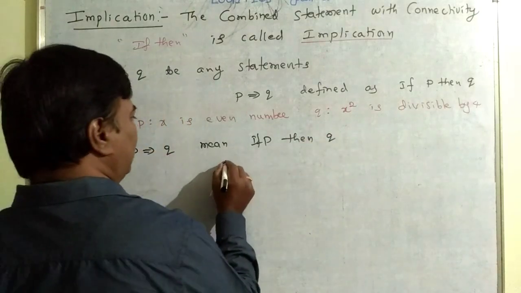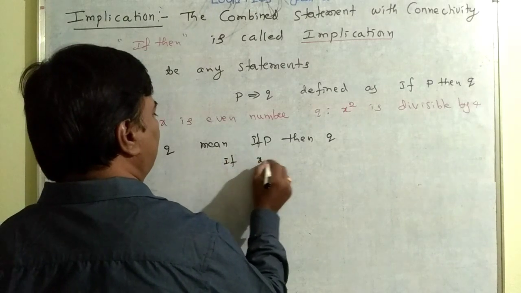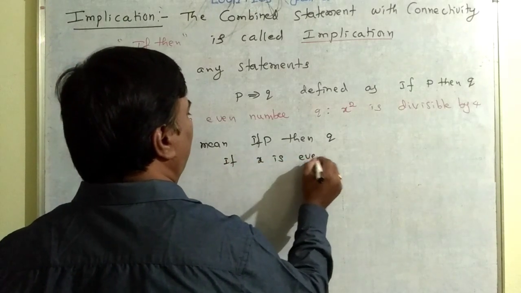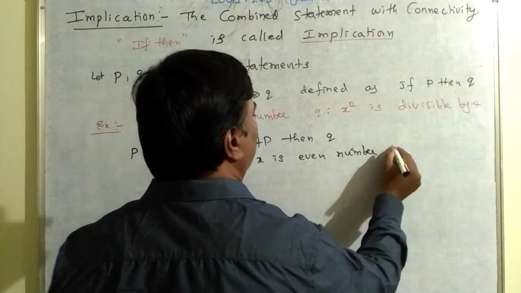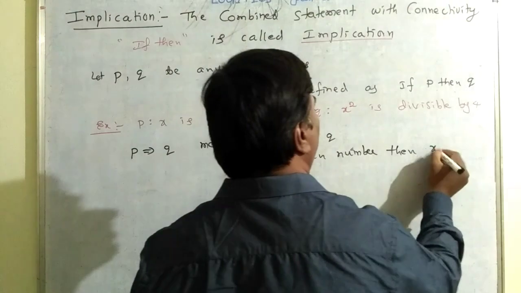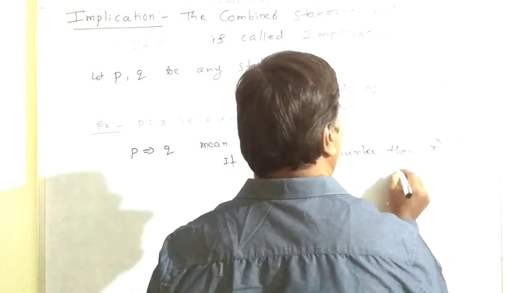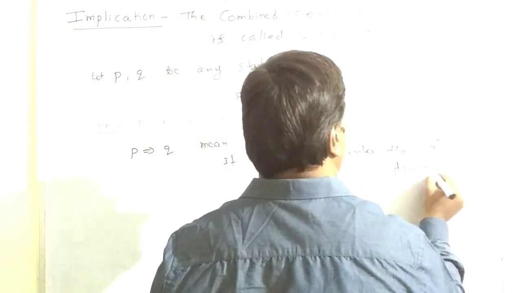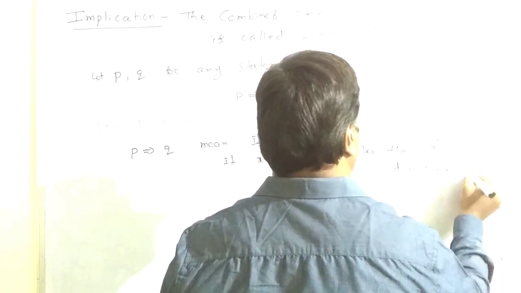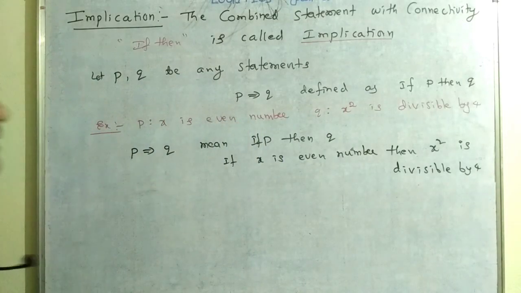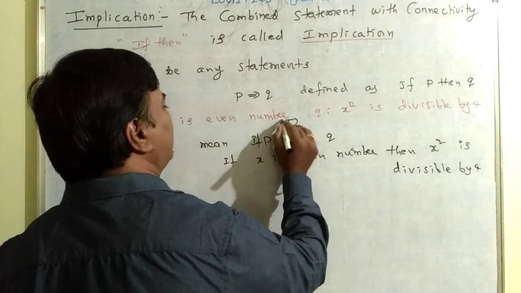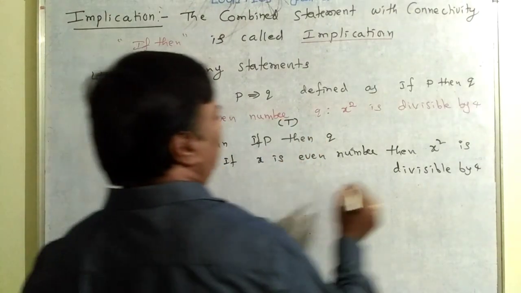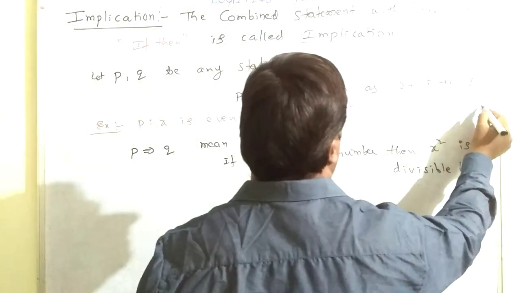That is, if X is an even number, then X square is divisible by 4. Now let us see the result of the statement. X is an even number is a true statement. Let's consider the second statement, X square divisible by 4.